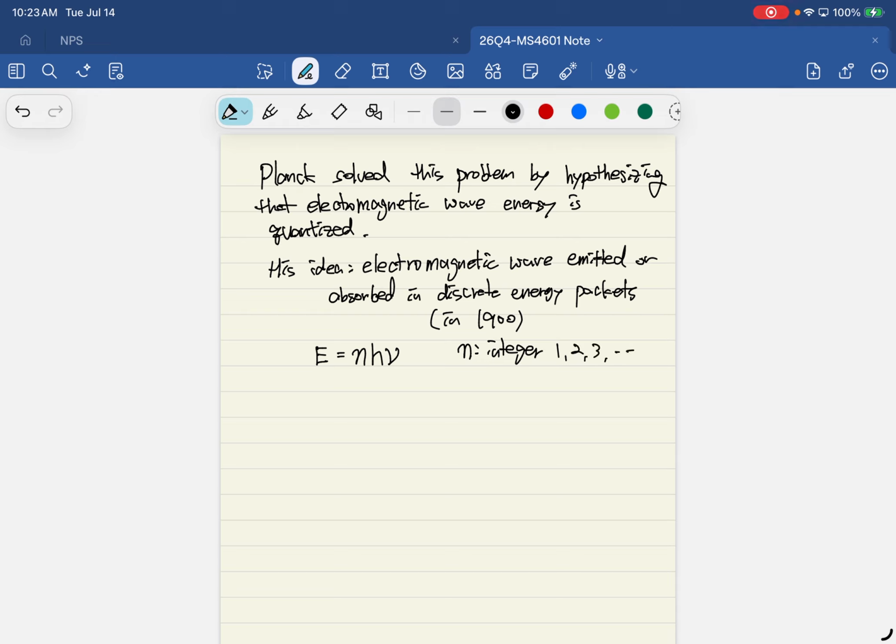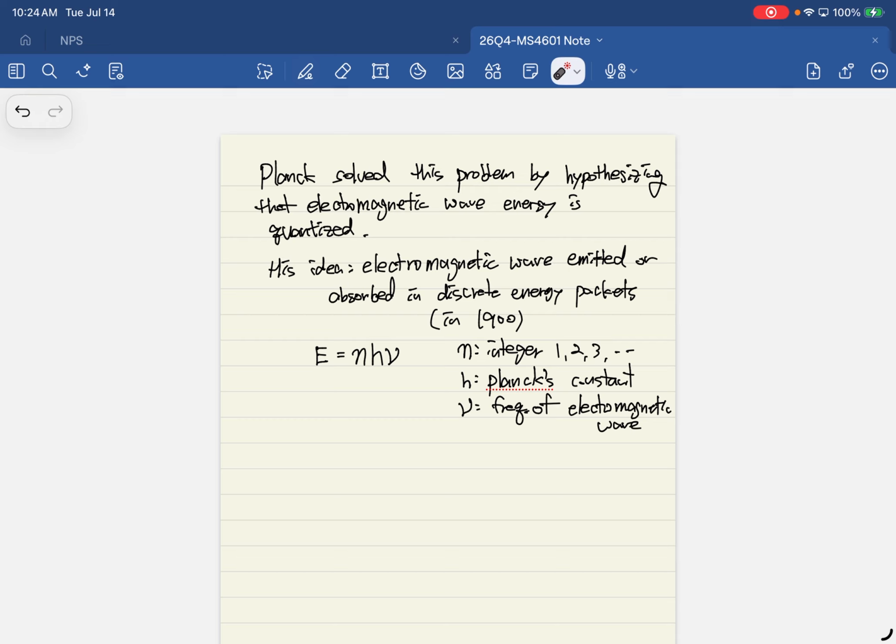It cannot be any numbers between integers. And h is the Planck constant, and nu is the frequency of the electromagnetic wave.